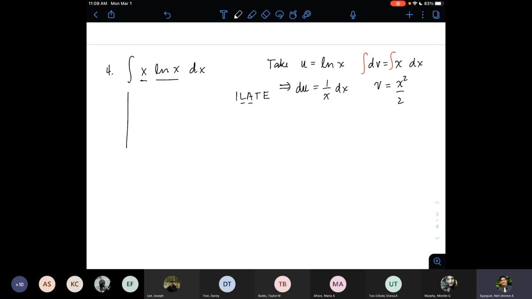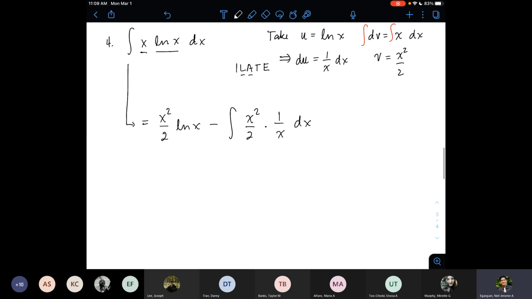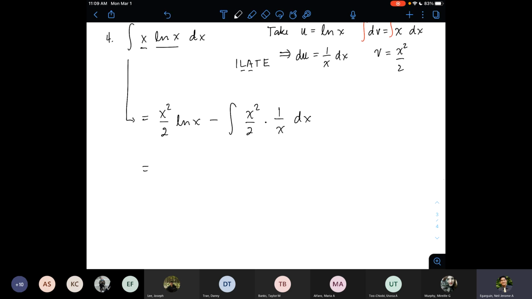And then applying formula 1, the original integral becomes uv. So that's x squared over 2 ln x minus the integral of v du. So that's going to be x squared over 2 times du, which is 1 over x dx. And I'm hoping that this integral here is much easier to evaluate than the original one.